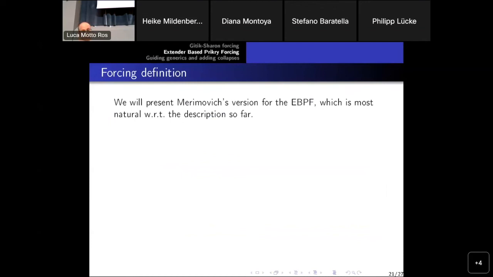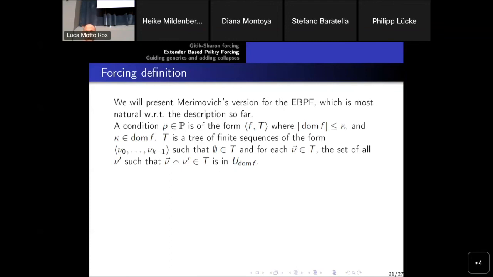But what is the forcing? So as before, when we defined the forcing using an iteration, we talked about a tree. Right? We had a tree in which at each point we had a large set of extensions. Here we need one additional piece, which is the condition in the generic for the H_n.